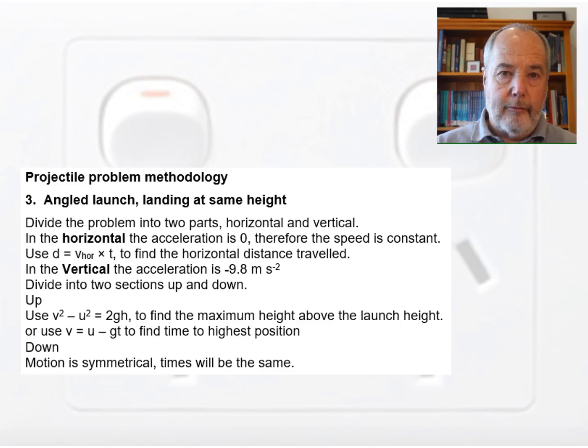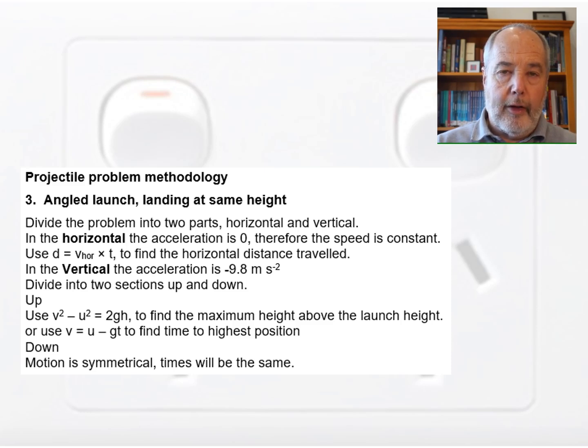In the vertical, we're going to consider what's happening on the way up and what's happening on the way down. On the way up, it has an initial velocity of v sin θ, but a final velocity of 0. So use that to find out how long it takes to get to the top, and you can then use that to find out how far it has travelled when it gets to the top.